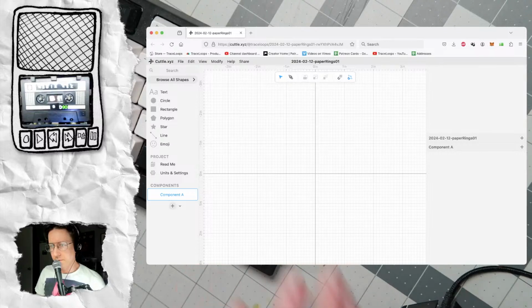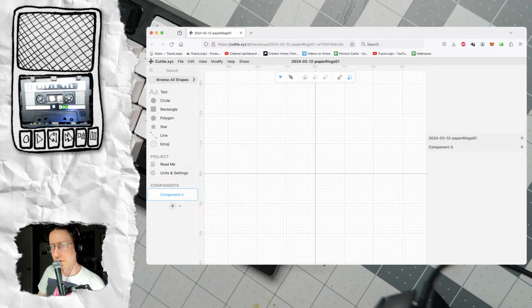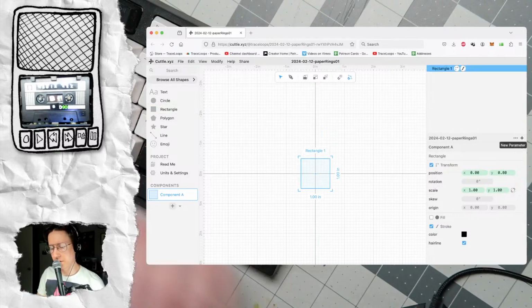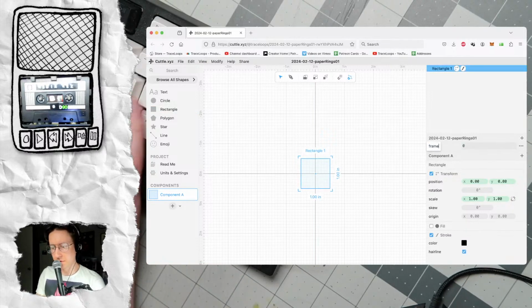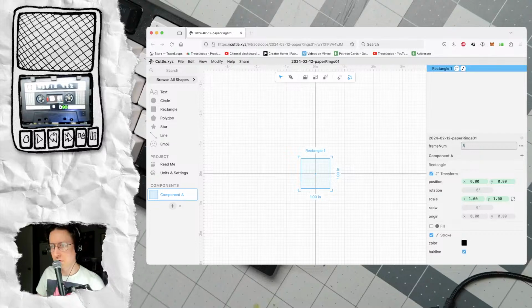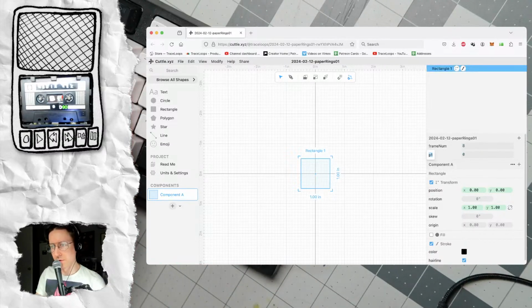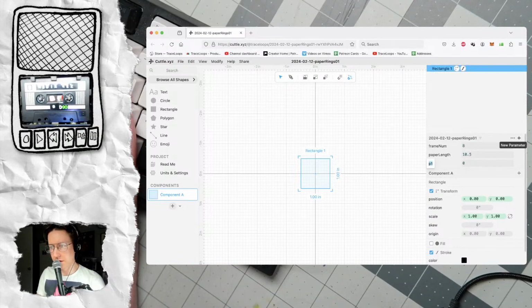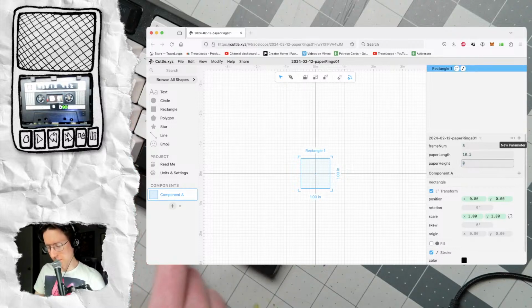So first what I'm going to do is get frame num. This is going to be 8. Paper length is 10.5. Then paper height. How tall do I want this to be?